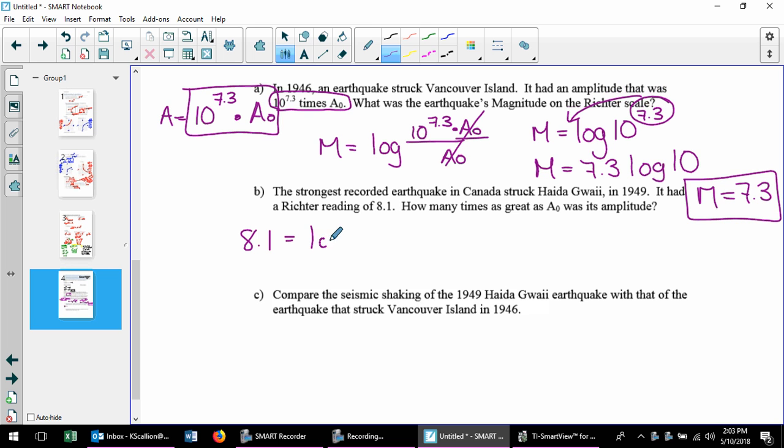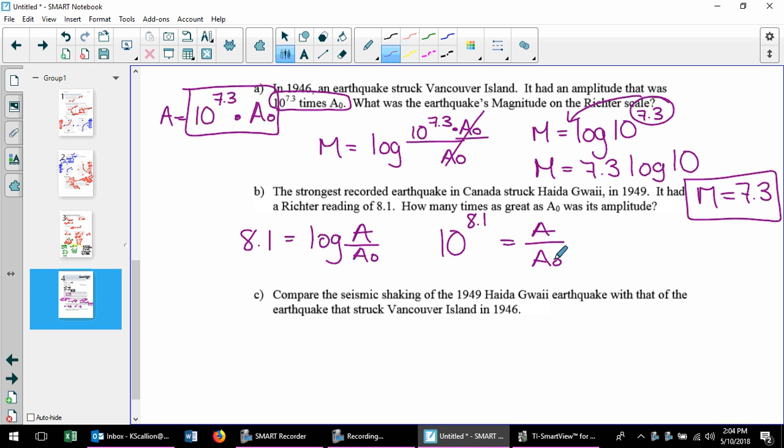And then we've got log A over A initial. What's the base on the log? Base 10. I'm going to change this into exponential form. So this would be 10 to the exponent 8.1 equals A over A initial. Am I done?